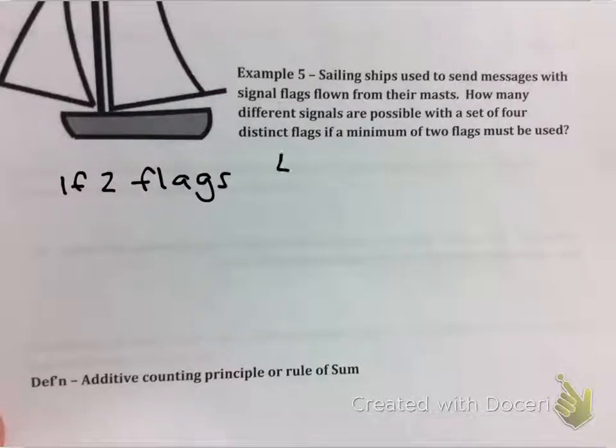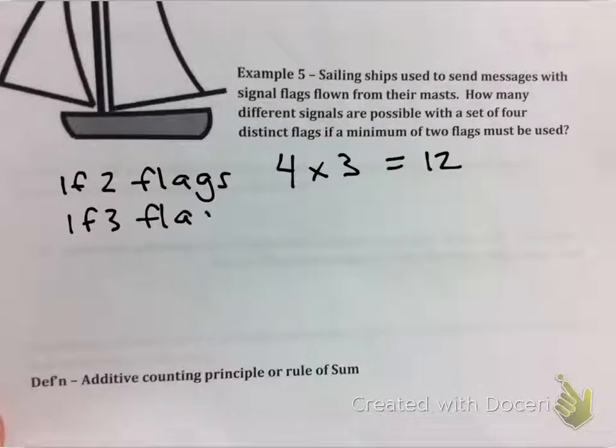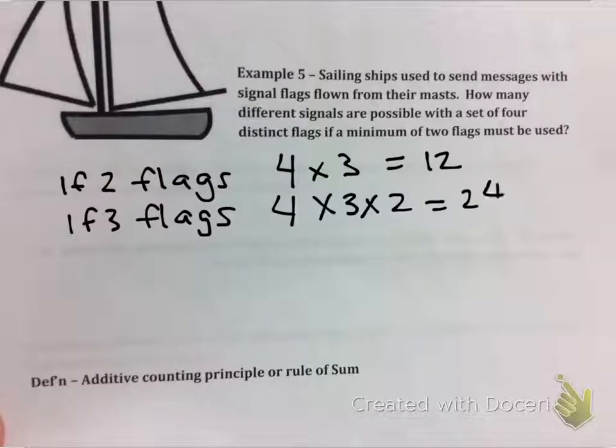So if I use 2 flags, there are 4 ways to pick the first flag, and then once I've picked a flag, there's only going to be 3 ways to pick the second flag. So that would be a total of 12. So if I use 3 flags, now I have 4 times 3 times 2 ways to pick my flags for signaling, which would be 24.